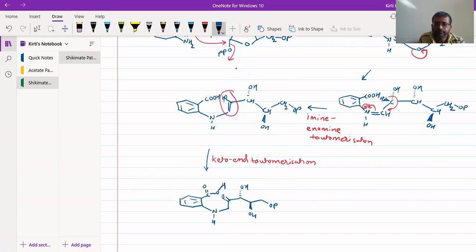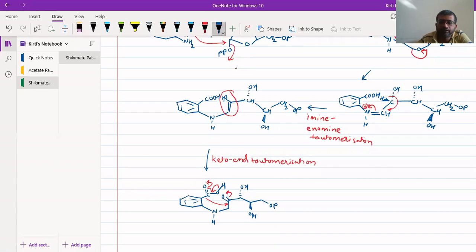Now there will be a loss of carbon dioxide, that is, decarboxylation happens. This decarboxylation results in generation of a carbanion here. That carbanion attacks this carbonyl carbon over here.